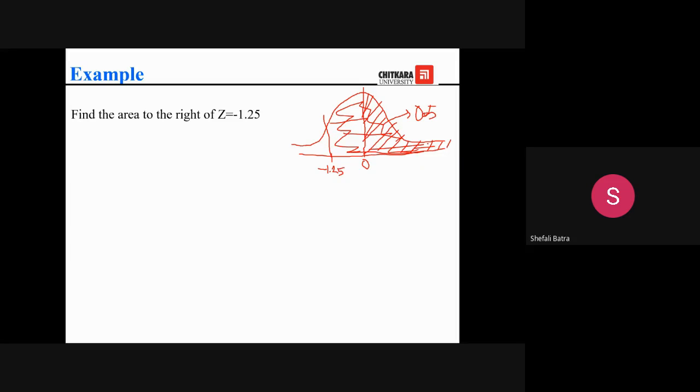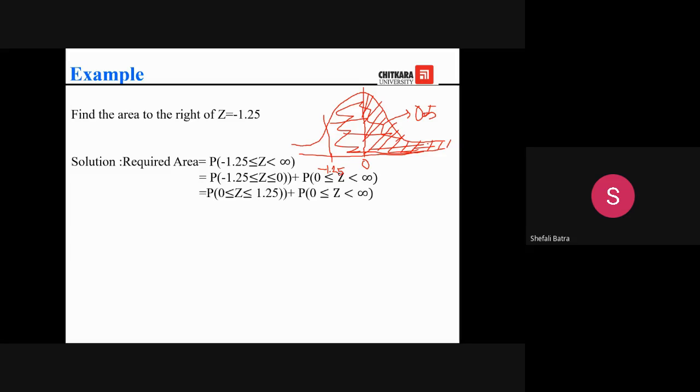Now you need to find out this. You tell me what will be the value, bacha. We will not bother about the negative sign. I'll be writing it in the positive term. Now tell me what will be the answer.